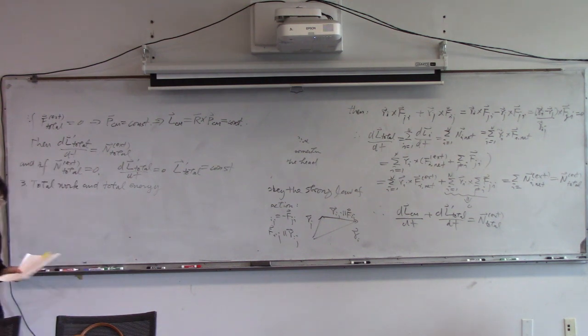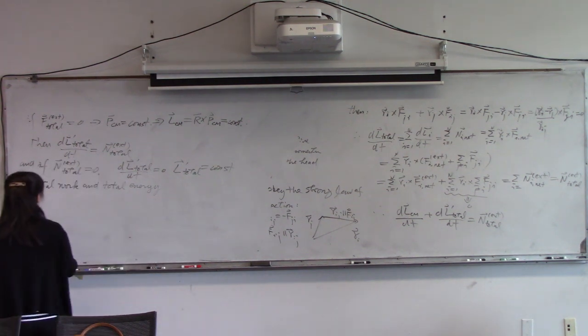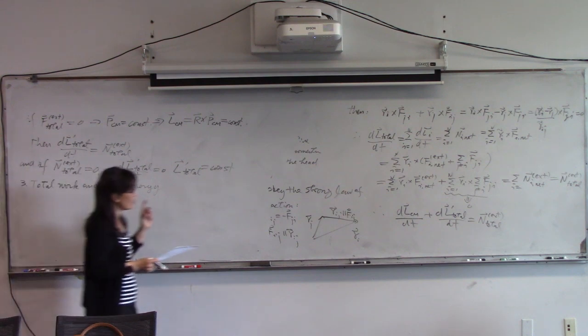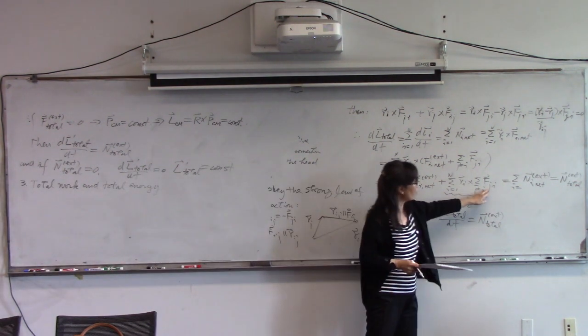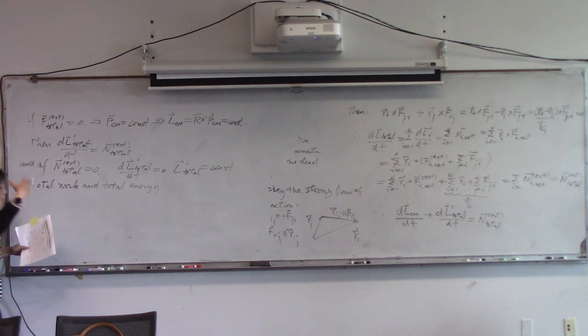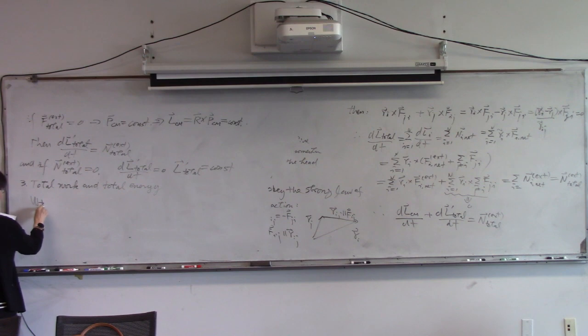Let's look at this. We already have the idea about the single particle, so we can easily analyze this together. But there is one more thing, which still comes from the internal force, so we need to spend additional time on that. So now let's first consider the total work.